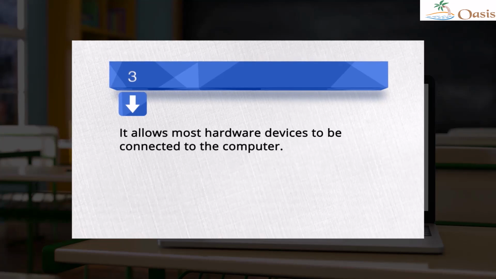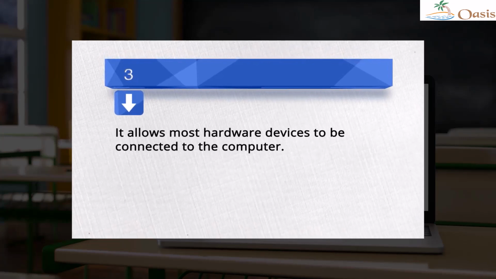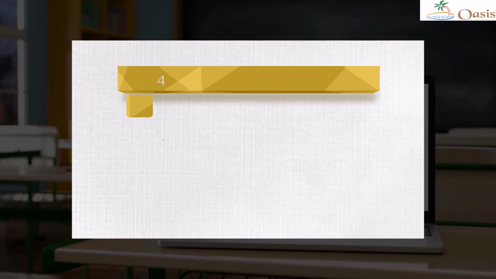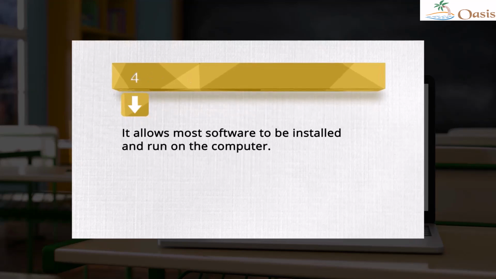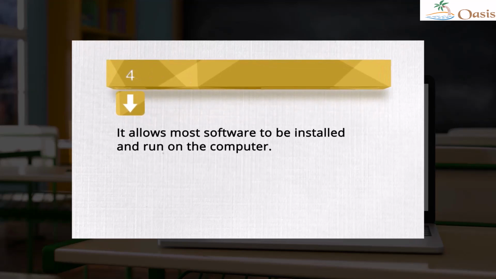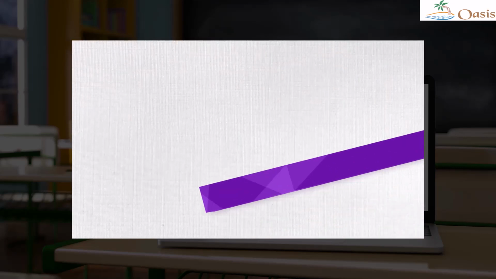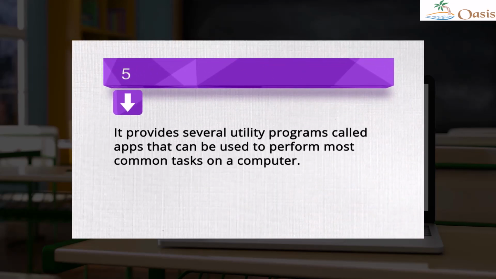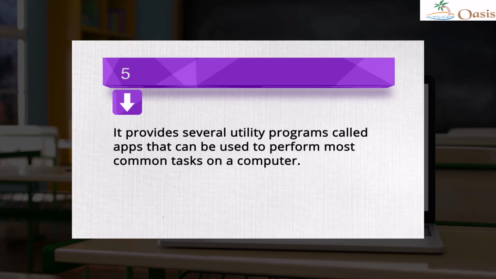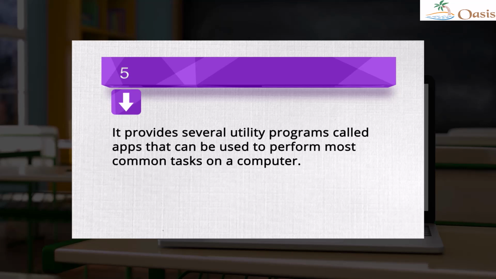It allows most hardware devices to be connected to the computer. 4. It allows most software to be installed and run on the computer. 5. It provides several utility programs called apps that can be used to perform most common tasks on a computer.